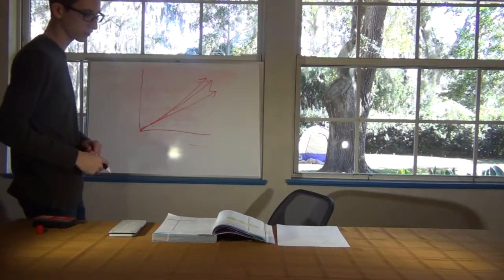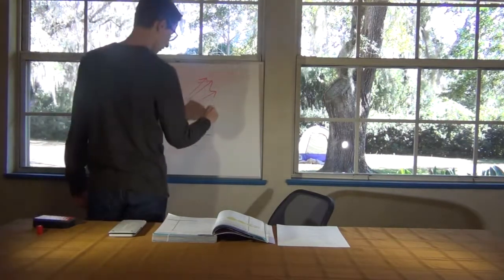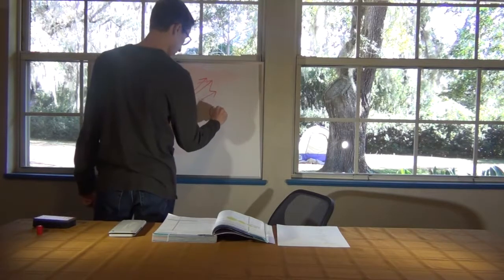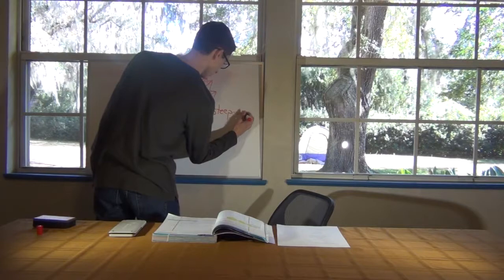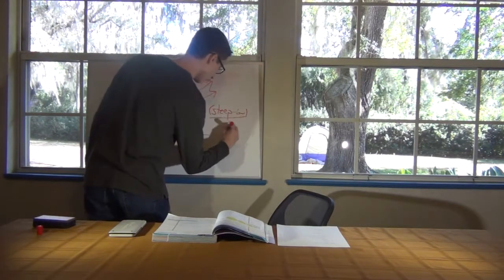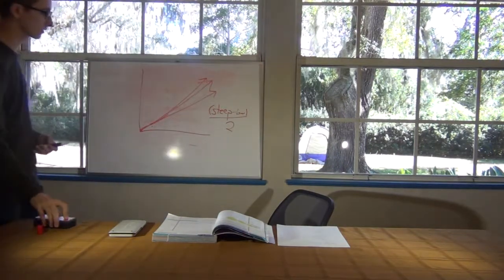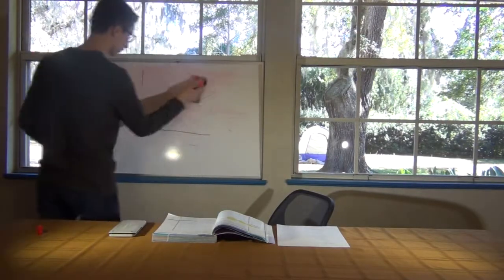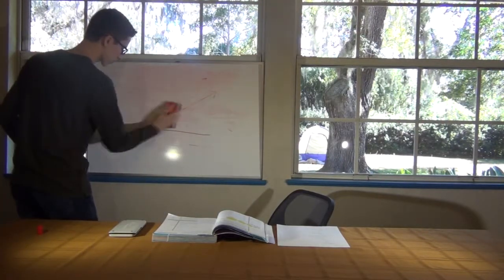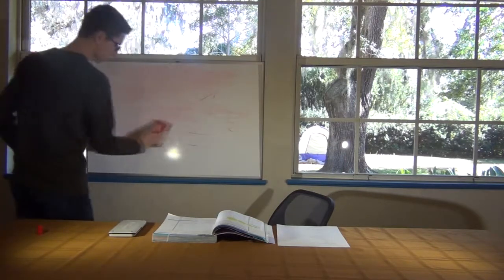Once you have those two values, you simply take the steepest minus the lowest over 2, and you'll have the uncertainty for your gradient. And so that's how you find the uncertainty when you have gradients. And that pretty much covers it for uncertainty involving graphs.